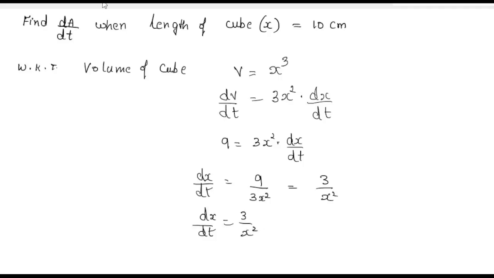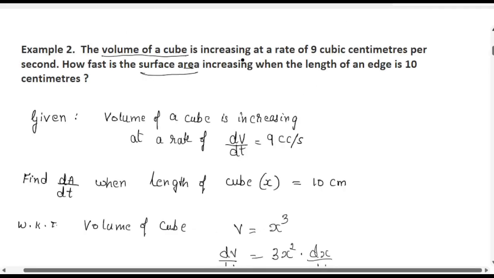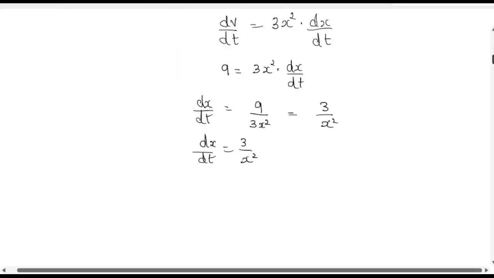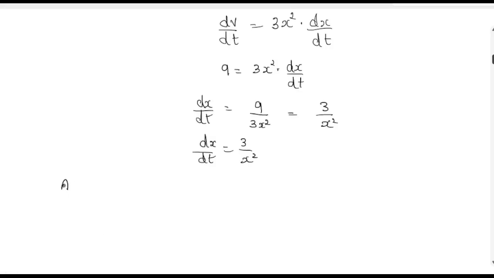What we need to find is the rate at which the surface area is increasing when the length of an edge is 10 centimeters. So to find the surface area, we need to know the formula of the surface area of cube. Area of cube is given by A equals 6x square. Now we'll differentiate.